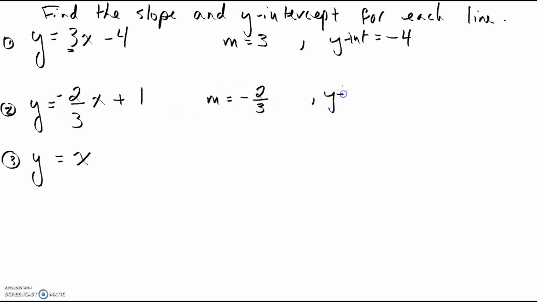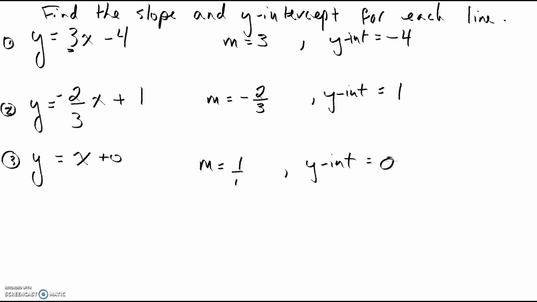And the y-intercept is 1. And this one, the coefficient of x is 1. It has a slope of 1. Rise 1, run 1. And the y-intercept is actually 0.